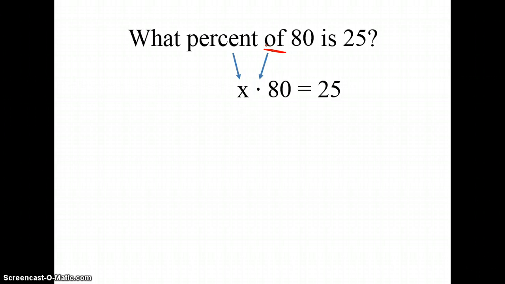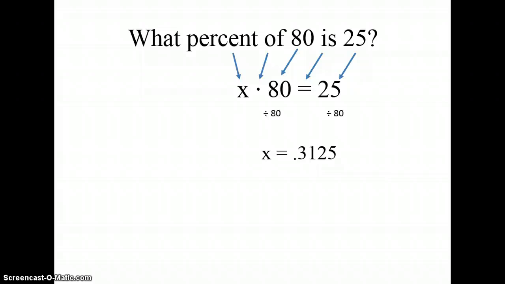Let's use that. So what percent, some percent, of 80 is 25? So 80 gets multiplied by the percent, is means equals, and 25 is what I should get when I finish this equation. To solve this, I divide by 80, and I'm going to get, in this problem, a decimal, and you can use calculators.